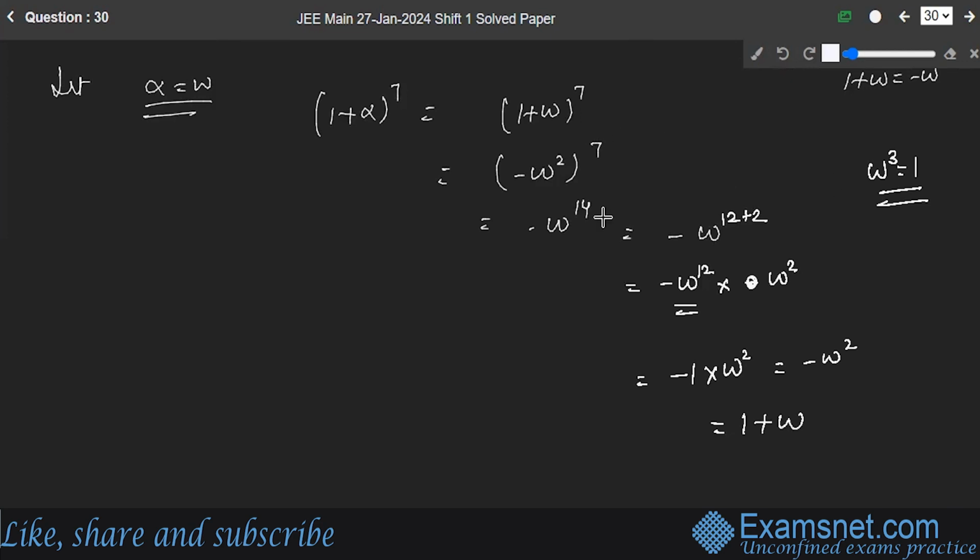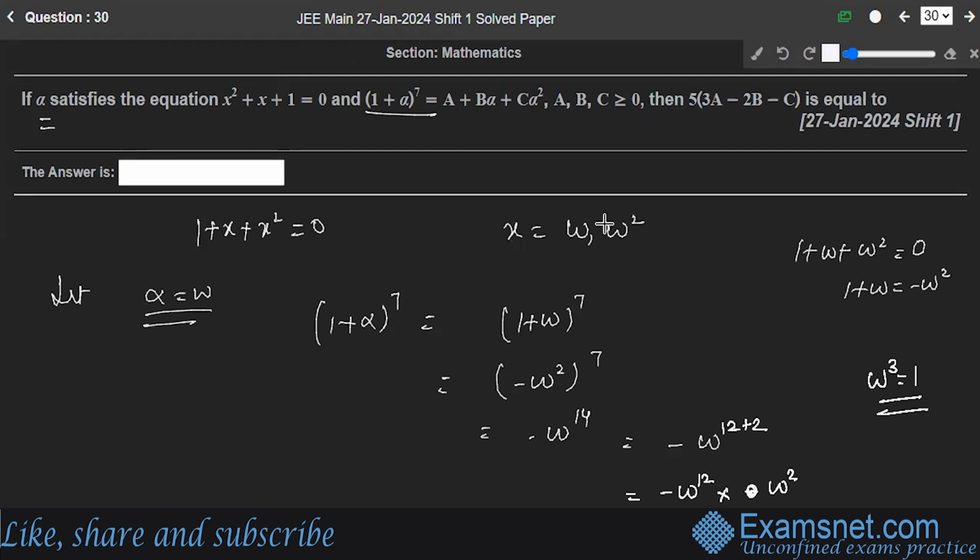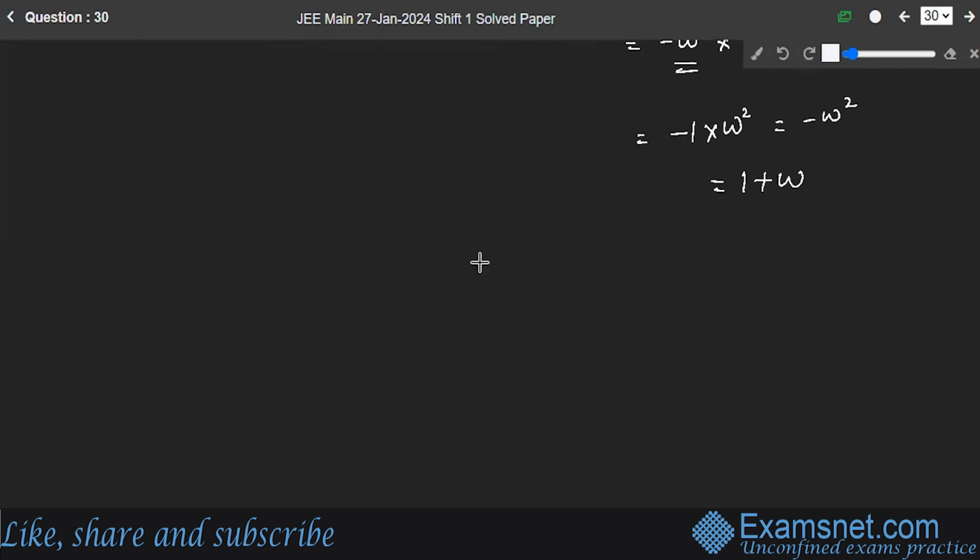So that was equal to A plus B alpha plus C alpha square. Here your A is equal to 1, B is equal to 1, and C is equal to 0, because I don't have omega square over here.